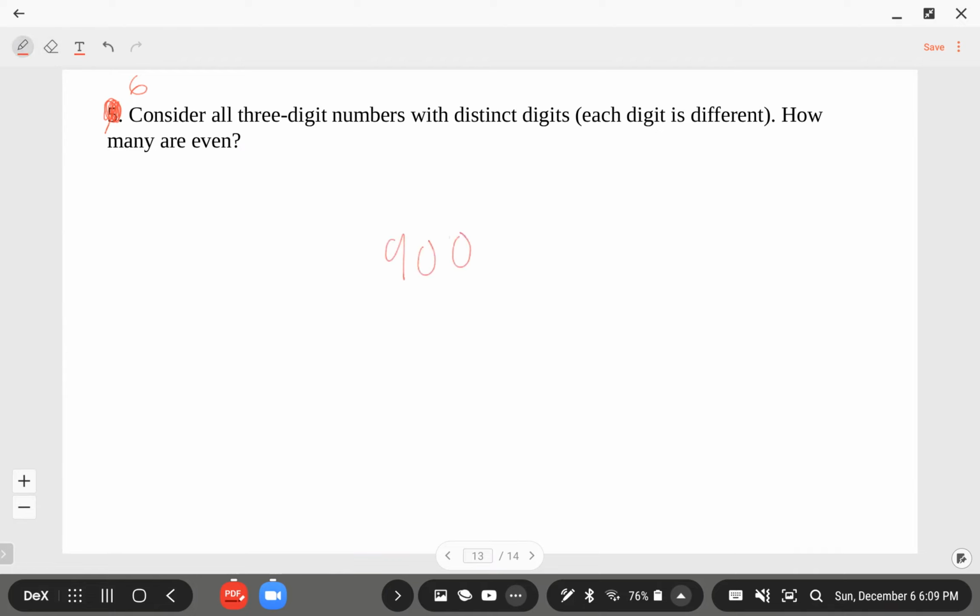All possibilities are going to be 900 minus our unwanted ones. Actually that's wrong, not 900, because we are considering the 3-digit numbers with distinct digits, which is going to be 648 minus our odd numbers, 320.